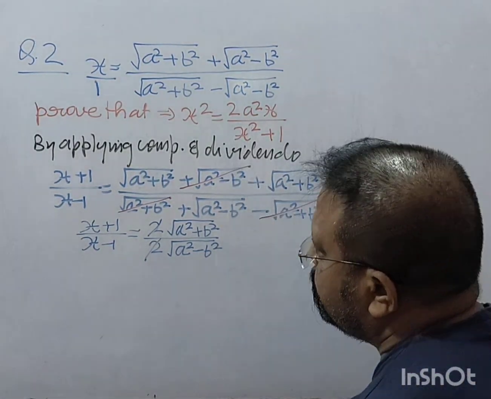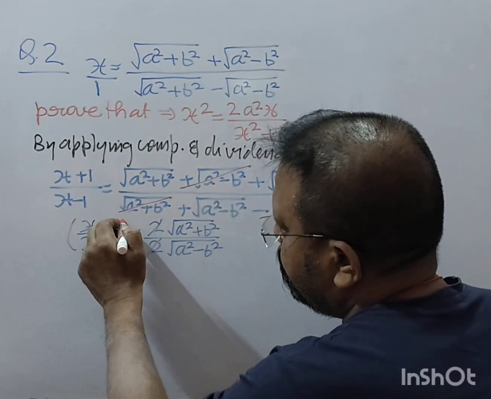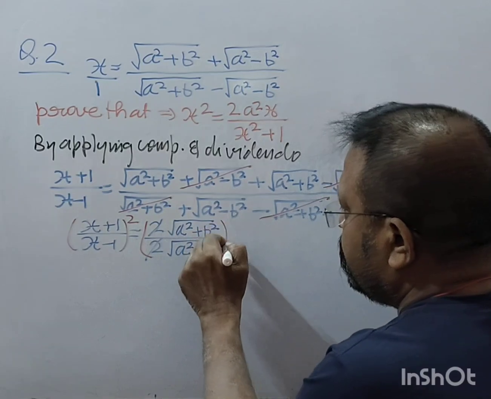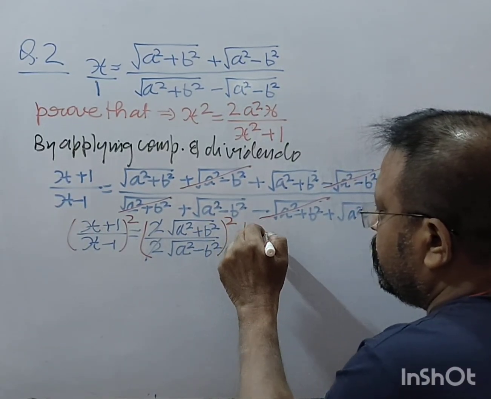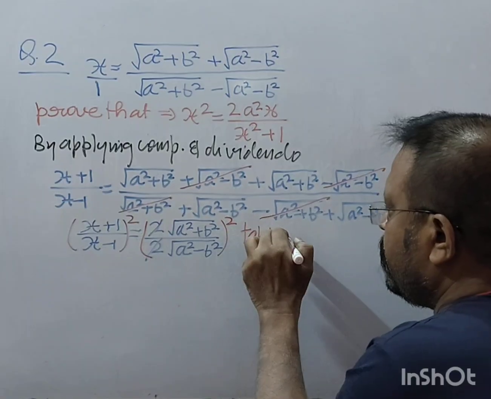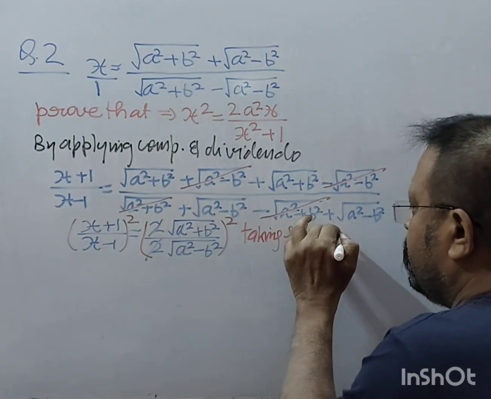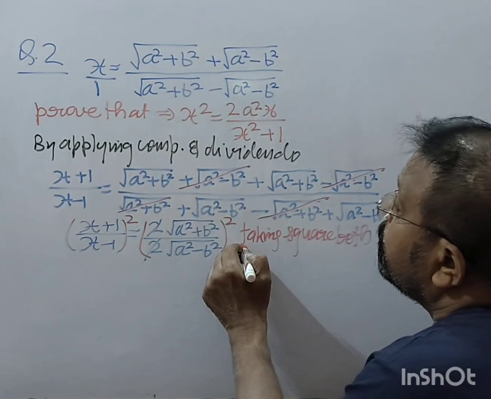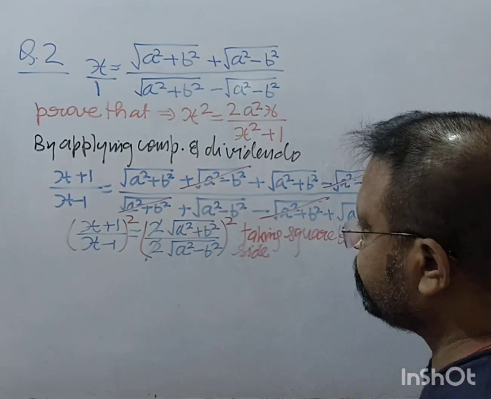Now taking square both sides, so what happens?